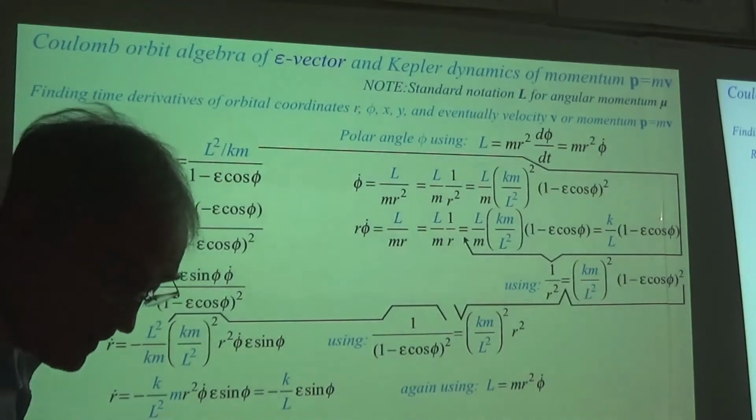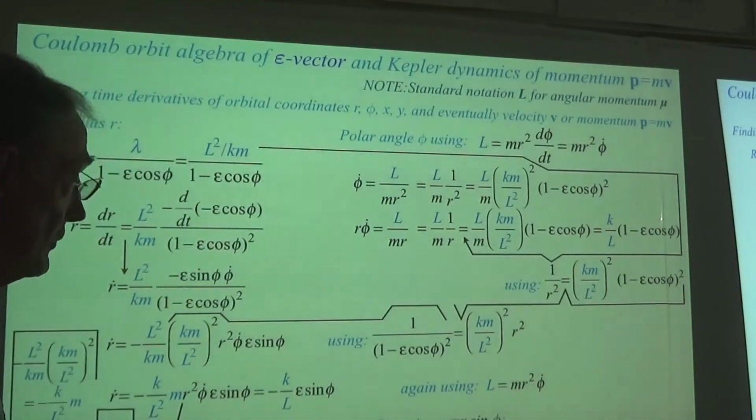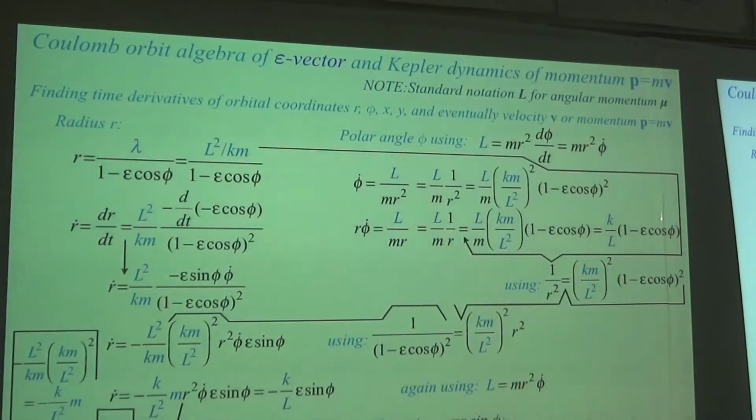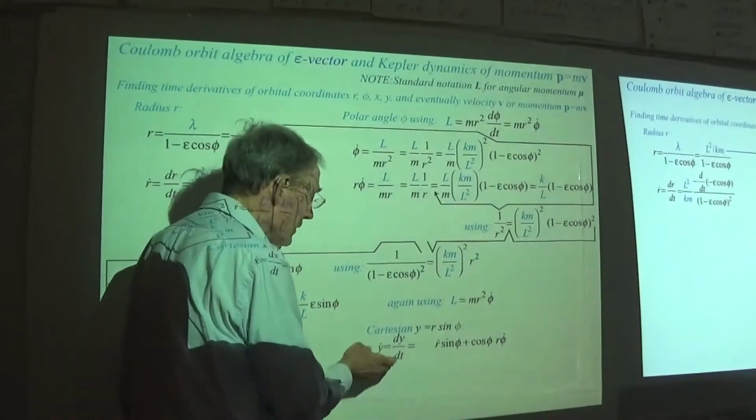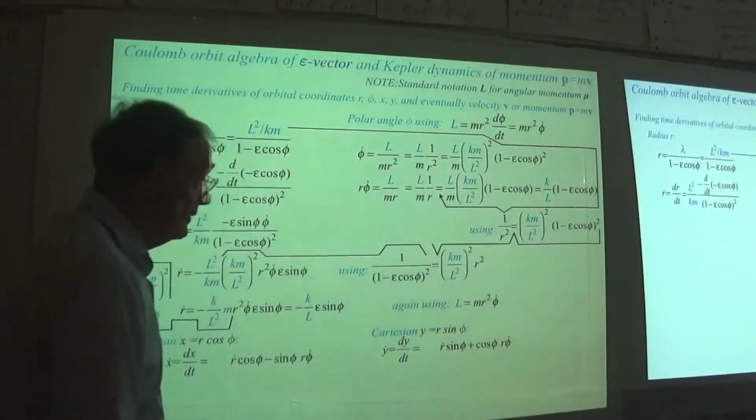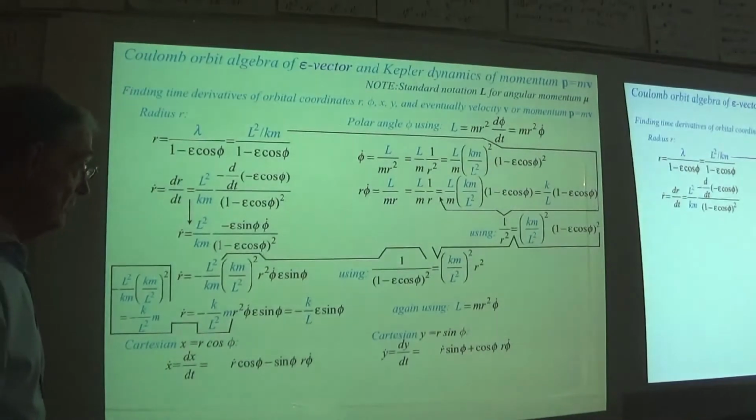At this point, you could probably turn that around into something that's going to be the construction. Instead, I just continue the Cartesian algebra here to get x equals r cosine phi and x dot. That's got two terms in it. And y equals r sine phi, polar coordinate conversion, to y dot. Again, a combination of r dot and phi dot.